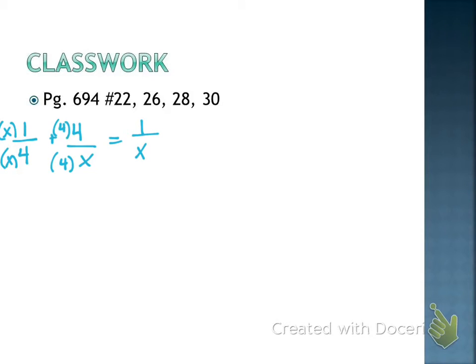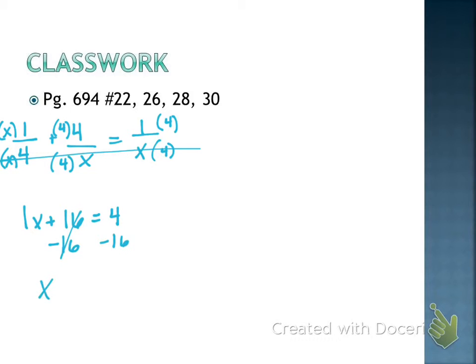What do I need to multiply by the third? 4. All right. Cancel out our denominators, and I have 1x plus 16 is equal to 4. What would I do now? Subtract 16, and I get x is equal to negative 12. That should have been your answer for number 26.